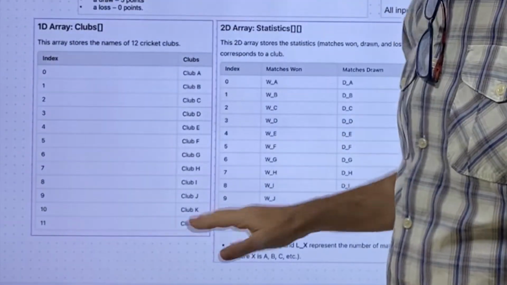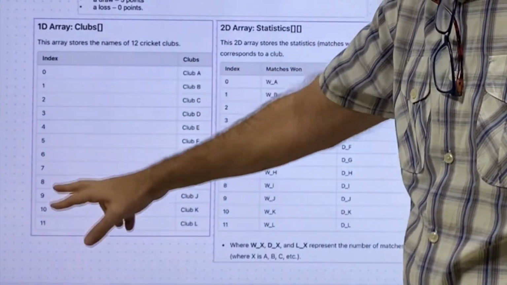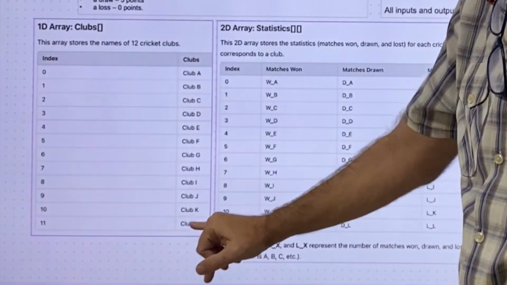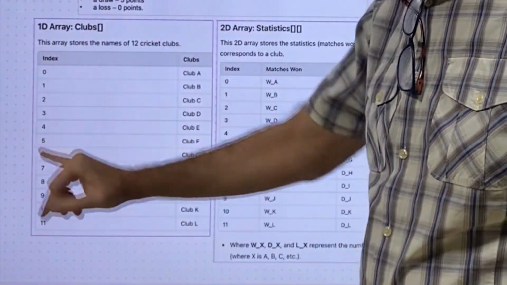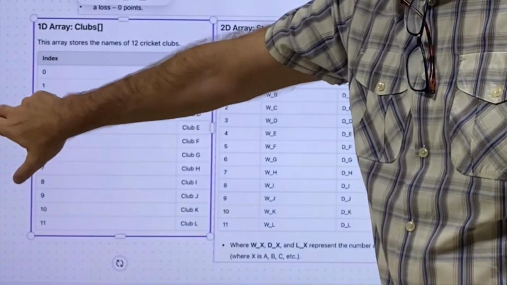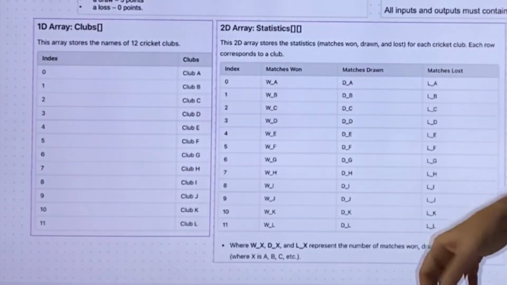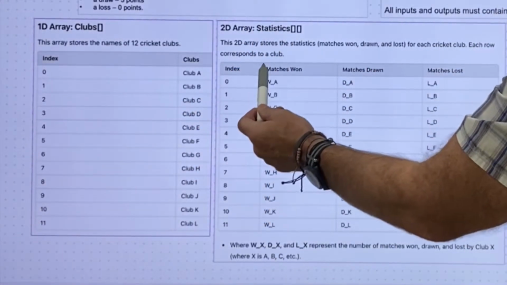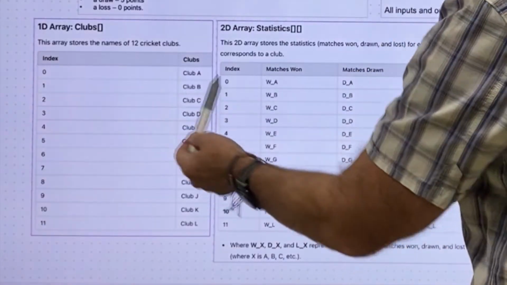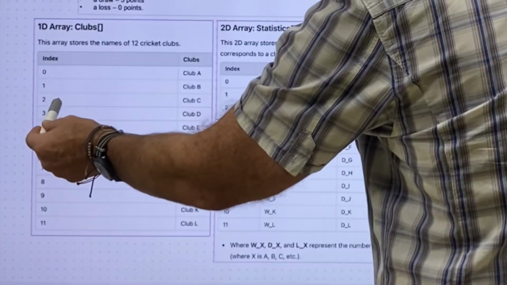I've got a 1D array called clubs, with the 12 clubs from 0 to 11. I've just called them club A, club B, all the way down to club L, 12 clubs. At position 2 here, that would be club C. In the 2D array, where I've got matches won, matches drawn, matches lost, I've put the index values into each of these three arrays, so you can see that.